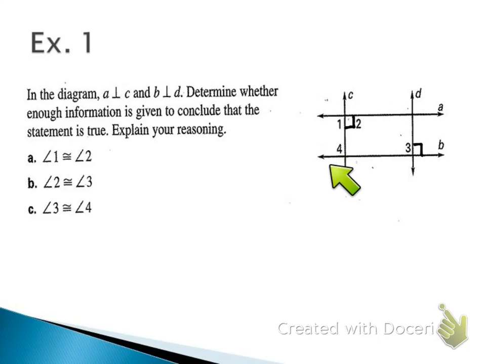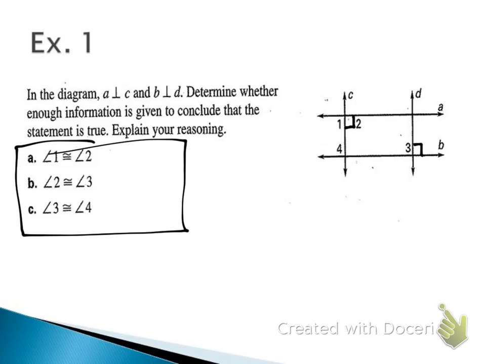So don't go marking up over here. We don't know. Not sure. But this is a right angle and this is a right angle. And then I also want you to just write the question down. So like angle 1 congruent to angle 2, angle 2 congruent to angle 3, angle 3 congruent to angle 4. And then that's what we will answer, these questions.